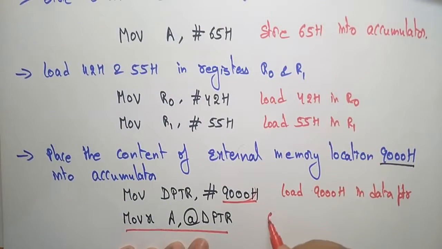@DPTR means at this location some data will be there. It means that at the 9000 location some data is there, and that data has to be moved to the accumulator.